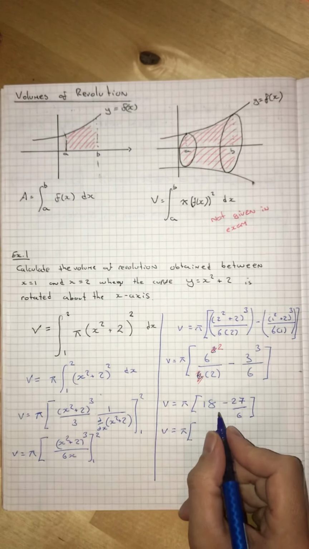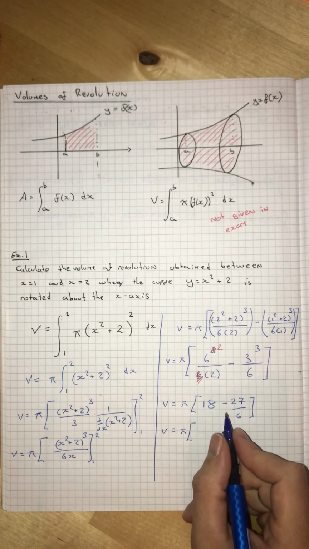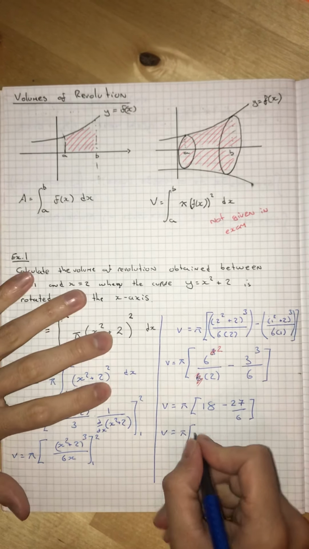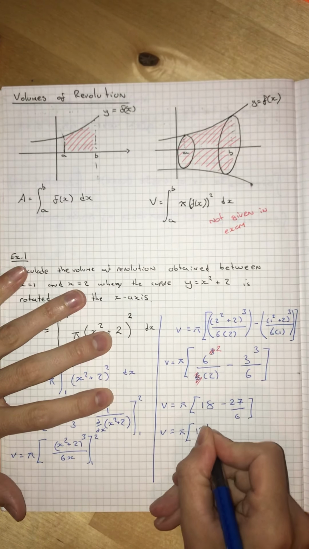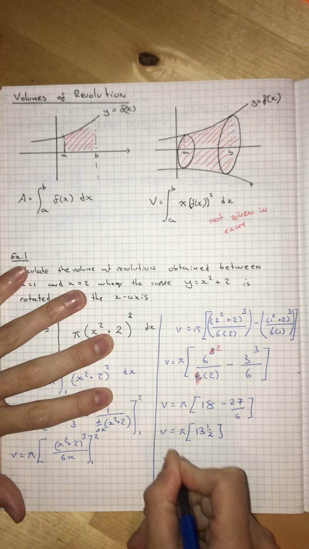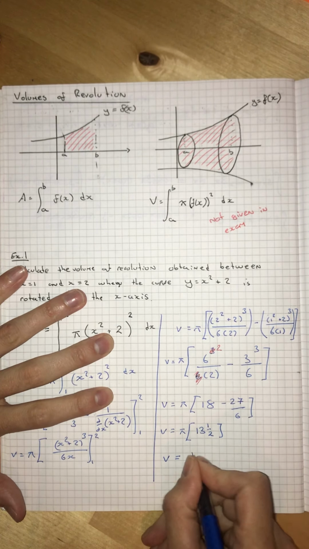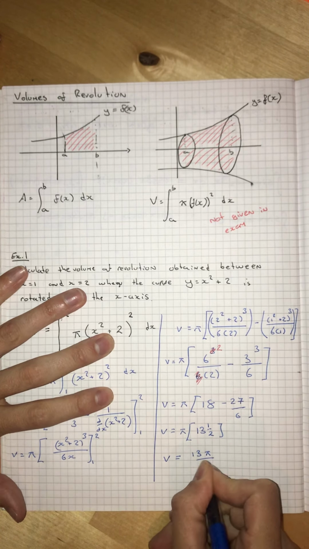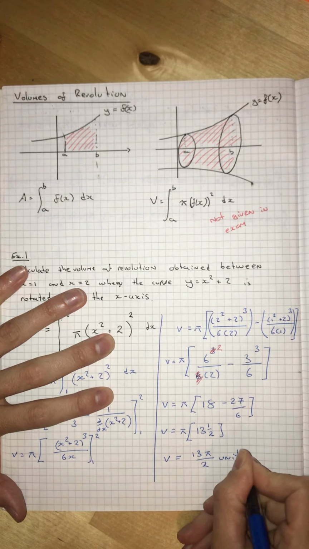So 18 minus 4 is 14. Minus a half is 13.5. So the volume is 13 pi over 2 units cubed.